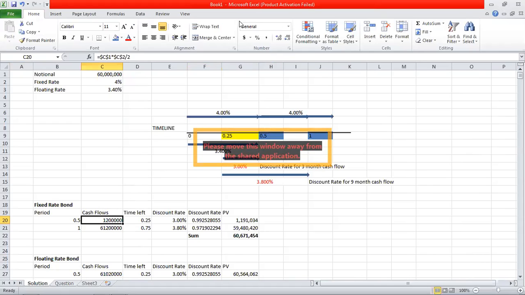So how do I get the cash flows? This is basically a byproduct of my notional, 60 million, times half of 4%, which gives me around 1.2 million. And that is what I have. So the first interest component that I'm going to get, if it were a fixed rate bond, is 1.2 million.